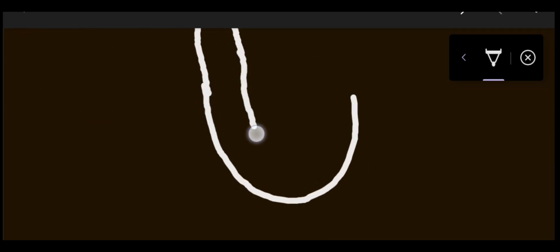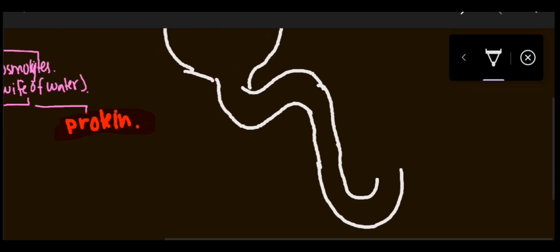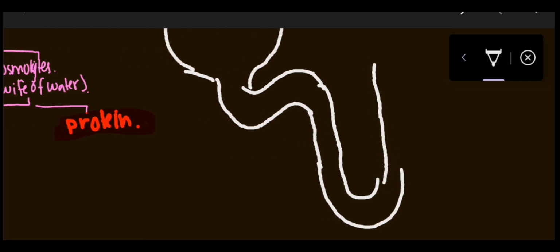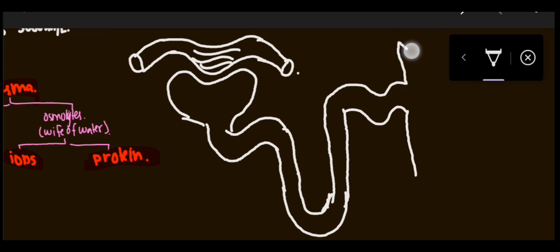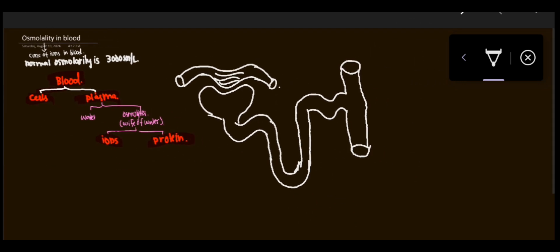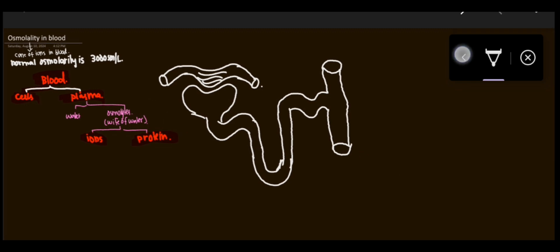After this PCT, it will lead down towards the loop of Henle. Then we have DCT, and this is the collecting duct. This is how our nephron basically looks.